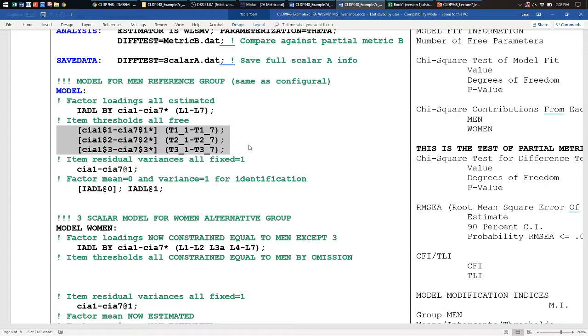The way that this model and then model alternative works is that in the alternative group, if you don't refer to something, it is assumed invariant. So by not referring to the thresholds at all down here, hence the blank spot right here, I am making them invariant with far less typing.